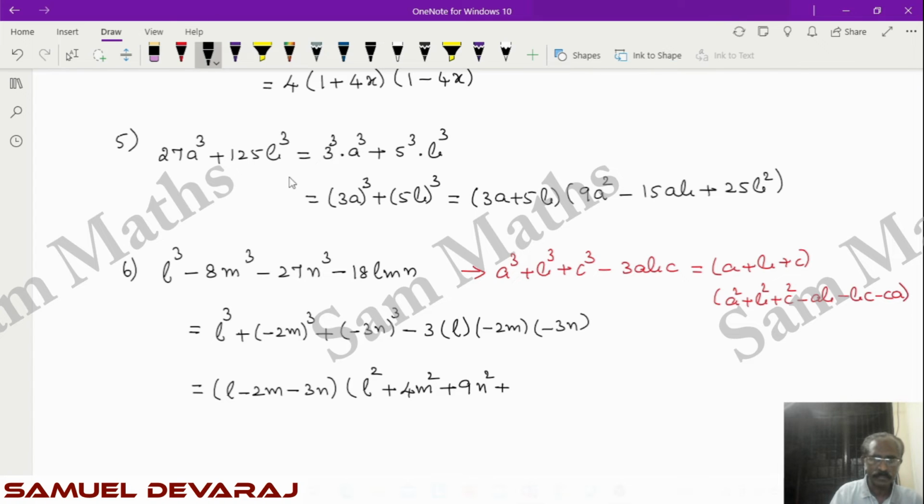Minus of that minus becomes plus 2lm. Next will be minus product of b and c. It becomes plus 6mn. Then minus ca, the product of the first term and the third term. It becomes minus, so it becomes plus 3nl. So this is the required factorization form. Okay, children? Very clear?